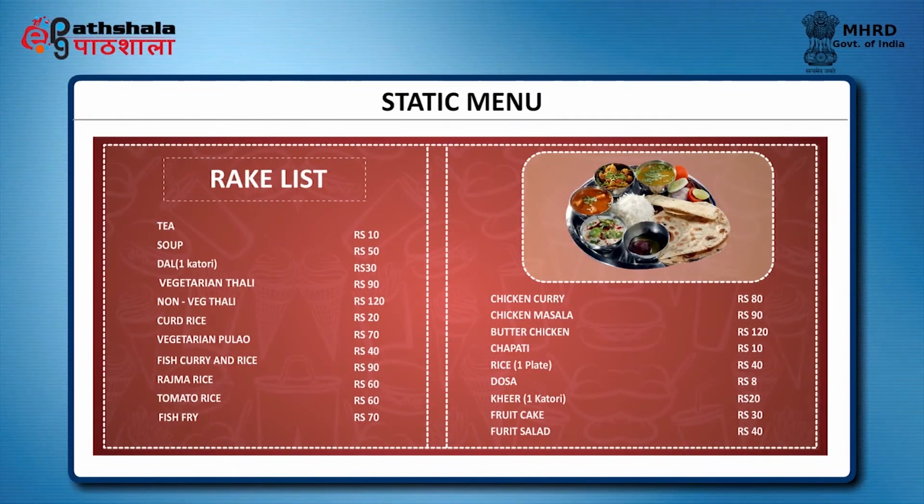Let us now know the different types of menu. Menus are of varied types and they are static, cyclic and single use menu. In a static menu, as you see here, the same items are repeated every day, and this type of menu can be seen in restaurants and commercial food service operations.